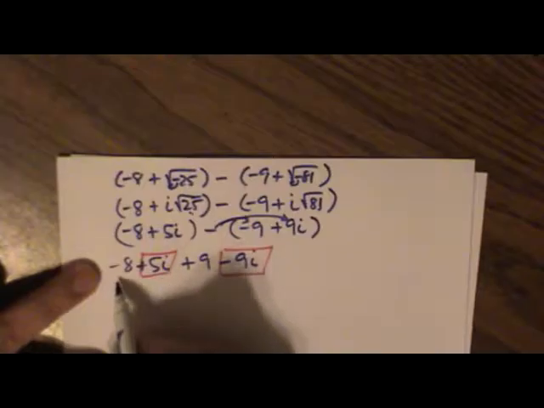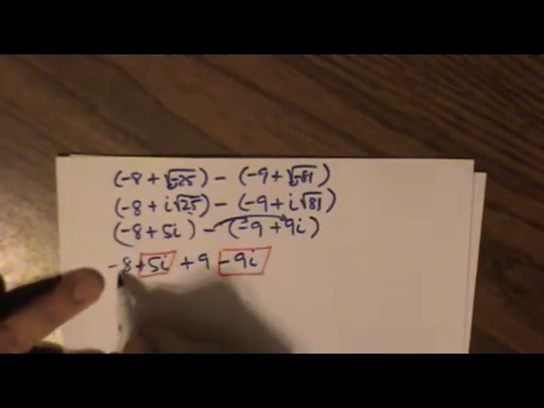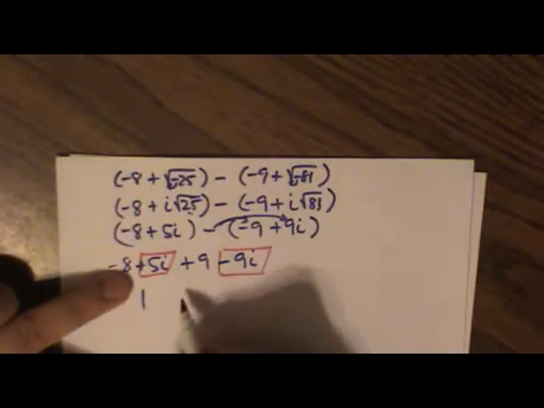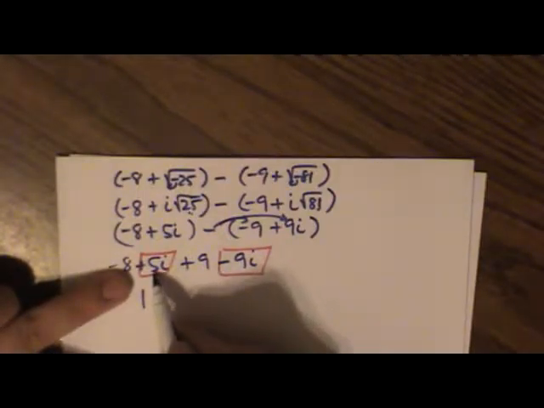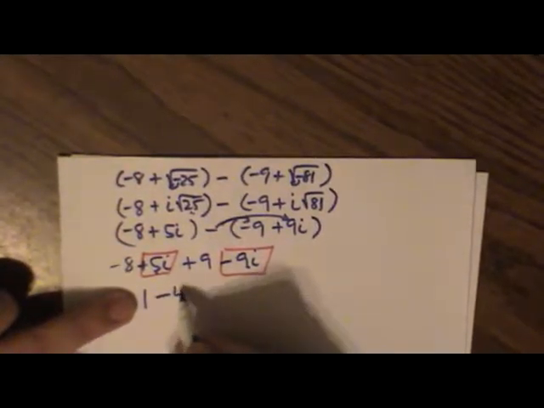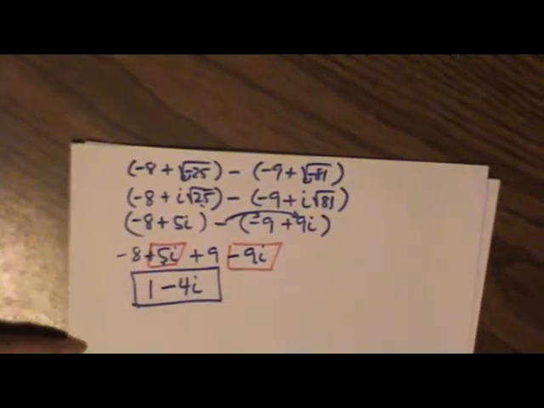For the real numbers, I can combine those to be a 1, because negative 8 plus 9 is 1. And then I have positive 5 and negative 9, which gives me negative 4i. And that would be my standard form.